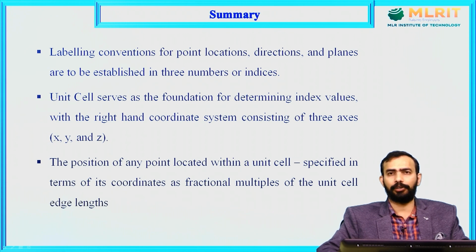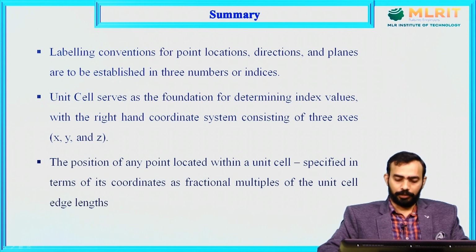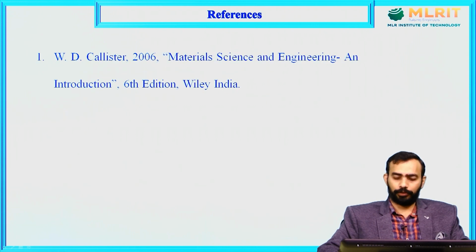The maximum value for this fraction is 1, and it will be equal to or less than 1. So we have seen 2 exercise problems as well, right? So that's all for today's class.